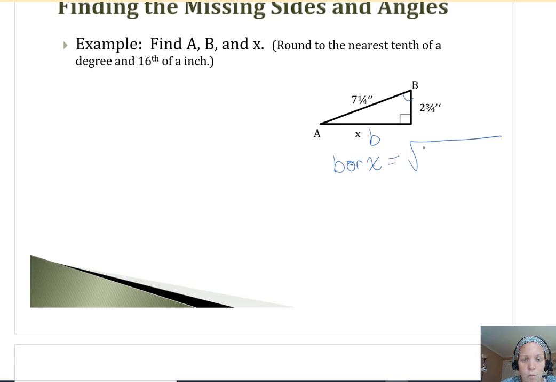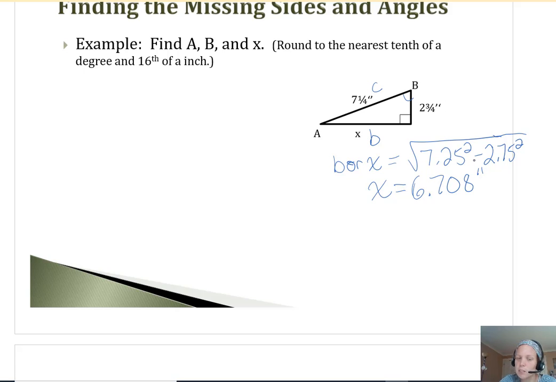I know the 7 1/4, that's my C, my hypotenuse. So that goes first: 7.25 squared minus 2.75 squared. We take our longest side squared minus one of the legs that I know. So the square root of 7.25 squared minus 2.75 squared. I'm getting 6.708.